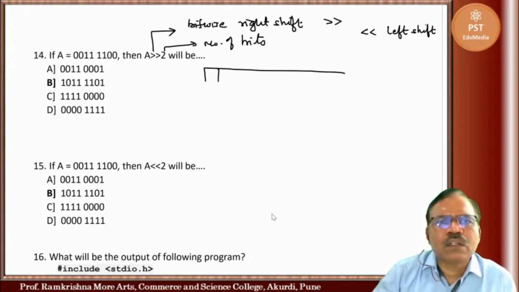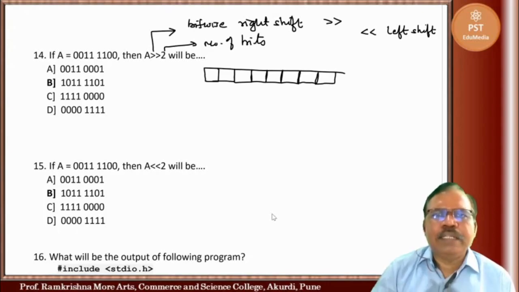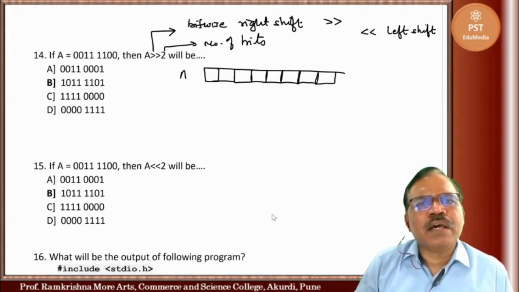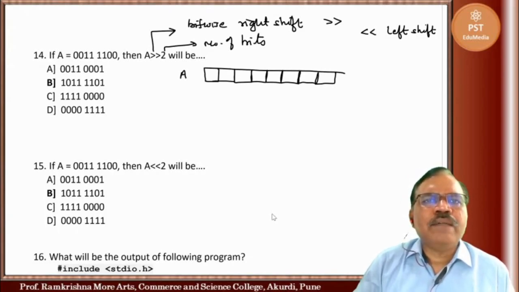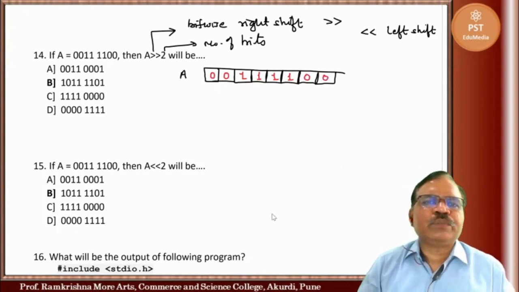Here 1, 2, 3, 4, 5, 6, 7 and 8 bits. This is number A. So I will write the number in this: 0, 0, 1, 1, then 1, 1, 0, 0, like this.